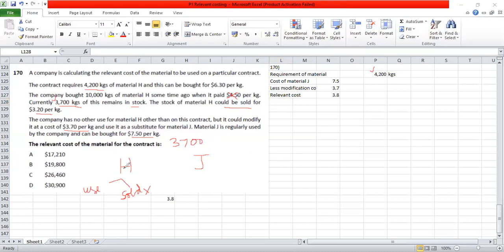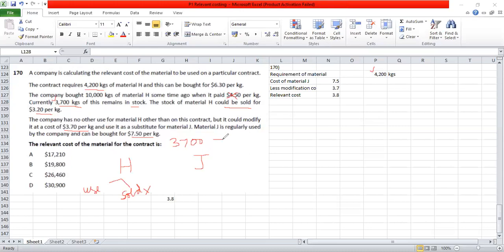3,700. The price of material H is 6.30. Since we have 3,700 kgs, that means we definitely have to buy 500 kgs of H anyway, additional plus 500.